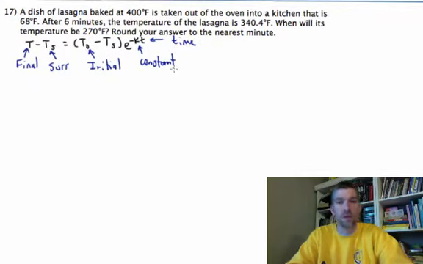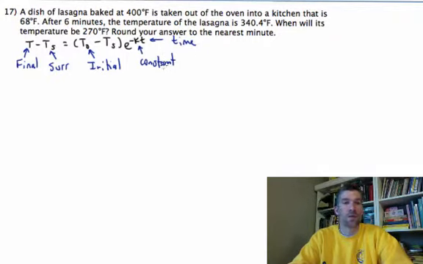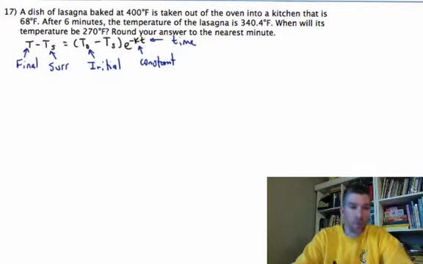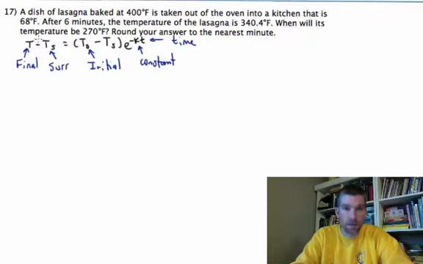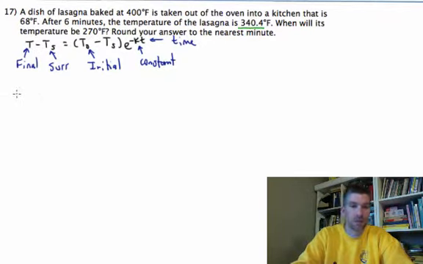So we've got all these things going on, and we're going to have to solve this equation twice to find how long it'll take for the temperature to cool to 270. For the original problem, I'll work it in green, our final temperature is 340.4 degrees.